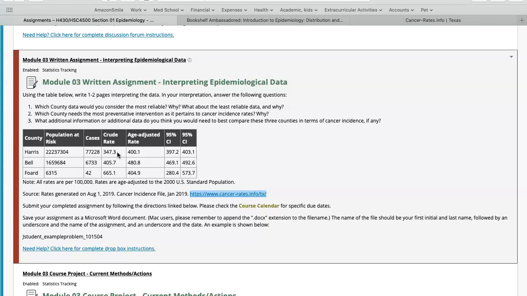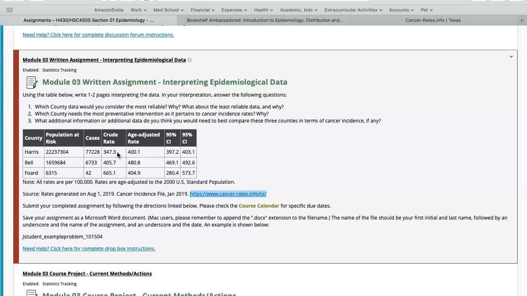So if you had 100,000 people in their population, you could expect 347.3 to be newly diagnosed with cancer. And our age adjusted rate is just accounting for a population that may be older or younger.